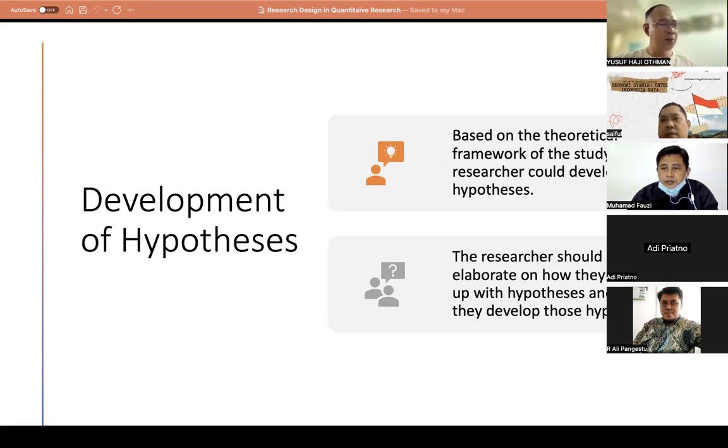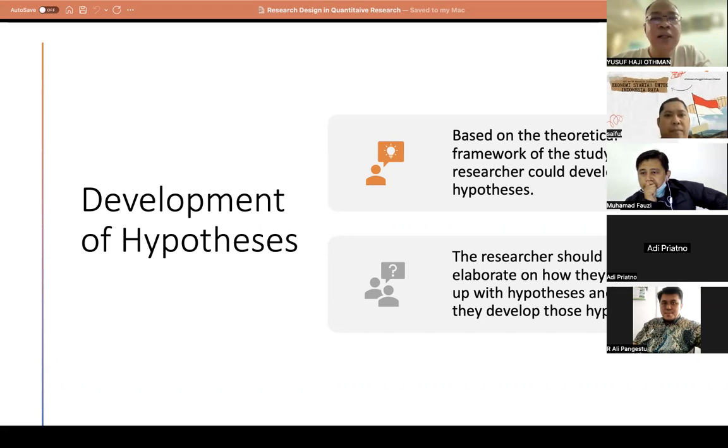Yes, good question. In quantitative methods, we use the deduction approach. Deduction means we have to have the theory first. Yeah, we have to have the theory first.